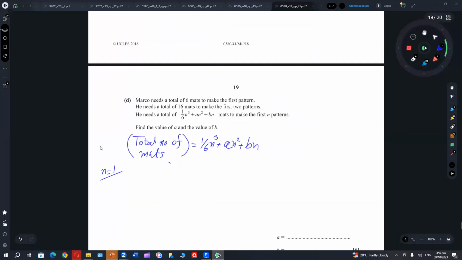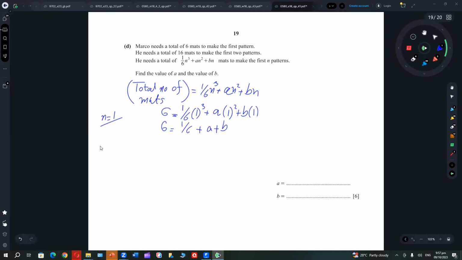So I can put here 6. And what can I put in place of n? N is 1. Now we can either take LCM or we can take 1 upon 6 on the other side.